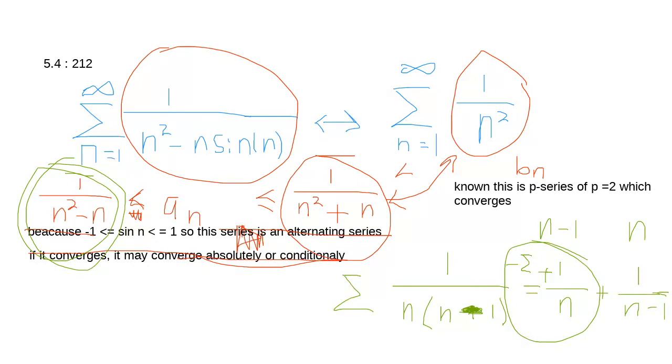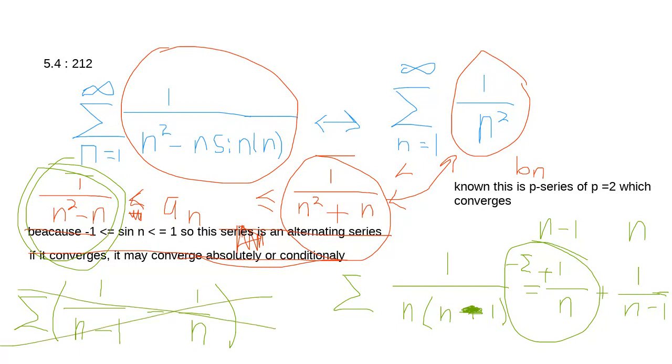And similarly, 1 over n minus 1, actually, let me write here. So we're considering this series, minus 1 over n. Okay. Right. So we need to consider this together. So, okay, I think I have a better idea now. We don't have to do partial fractions. With this one, we can do limit comparison.